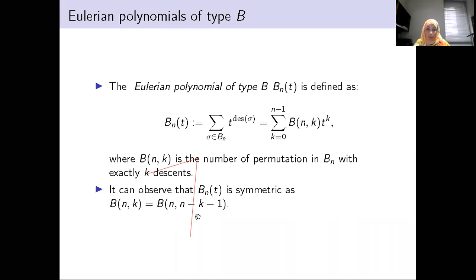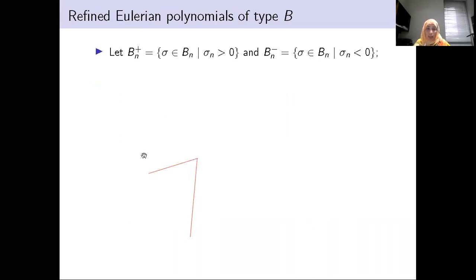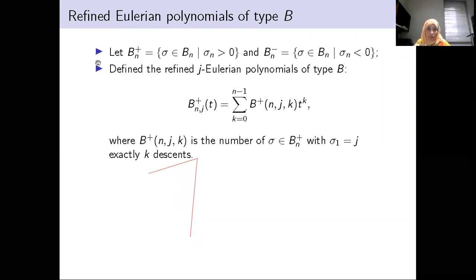Here we have similar kinds of symmetric relations. And now we have defined the Eulerian polynomial in these terms. Here we are considering B n plus, which means that you are fixing your last entry sigma n to be positive, and B n minus is for sigma n equal to minus 1.